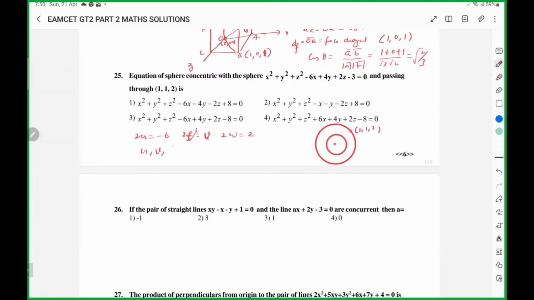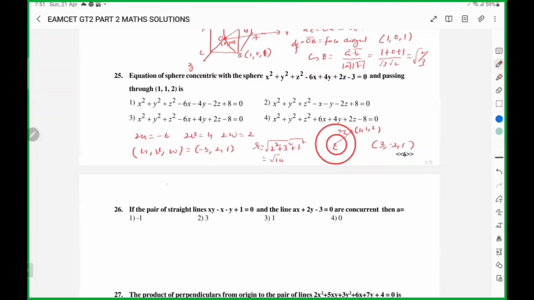So u, v, w will be minus 3, 2, 1. The center is 3, minus 2, minus 1. Then the radius is 2 square plus 3 square plus 1 square, which is root 14.